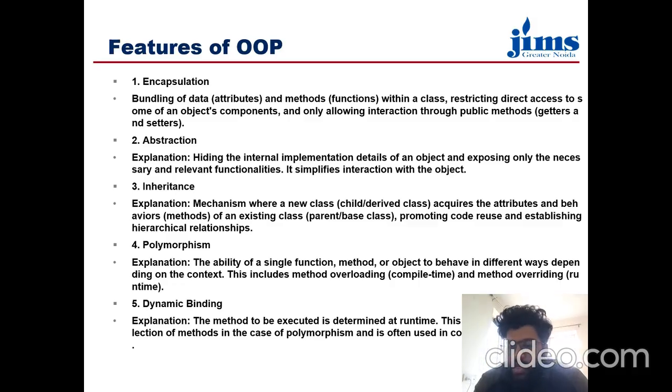So encapsulation is bundling together the member functions and the attributes in a single unit. The use of binding them is to restrict direct access to those functions and attributes.